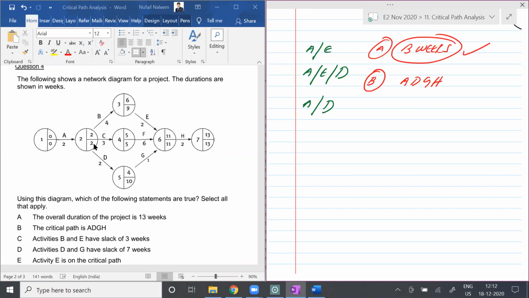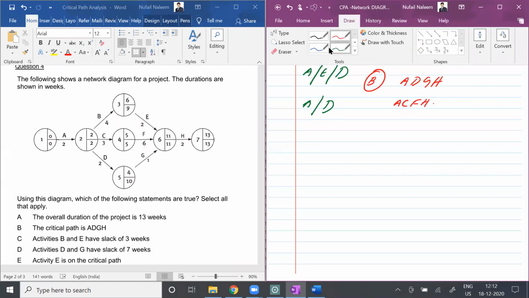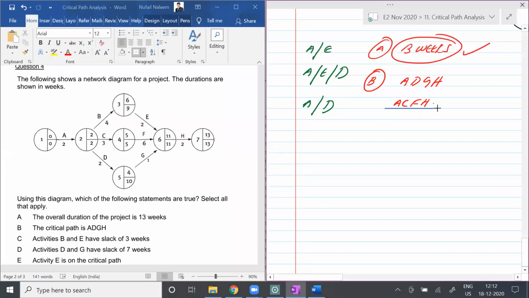So it's A, C. So if you observe, the critical path is A, C, and then what's going to be the next one? F, and H. This is the critical path. Any questions there, students? So option B is a wrong answer. Are you clear with that? So the critical path is A, C, F, H. Any questions there, students?